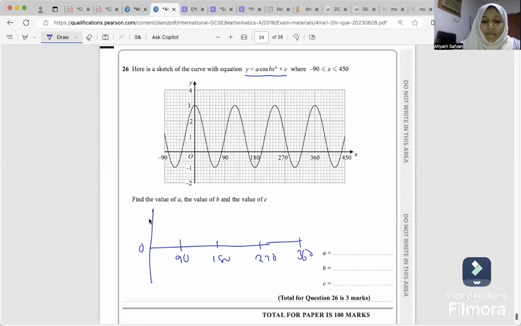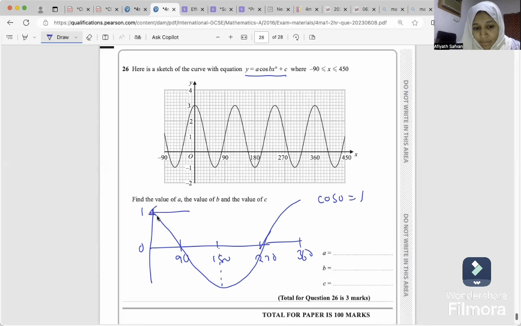So cos 0 is going to be 1, so I'll start my graph at 1. It passes through 90, then it gets a minimum at 180, then it reaches a maximum, passing through 270. Now, between the two maximum points, I have a gap of 0 to 360, which is 360, right?